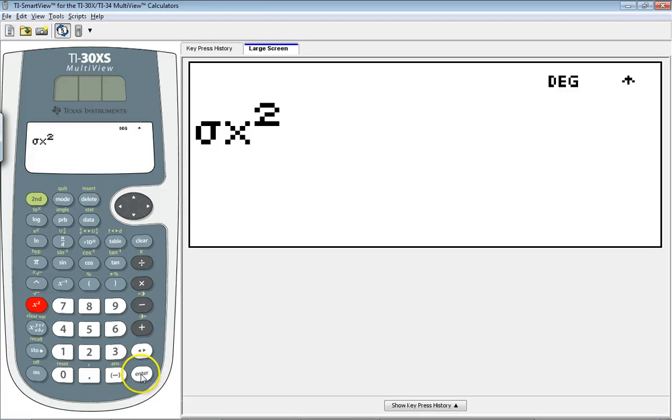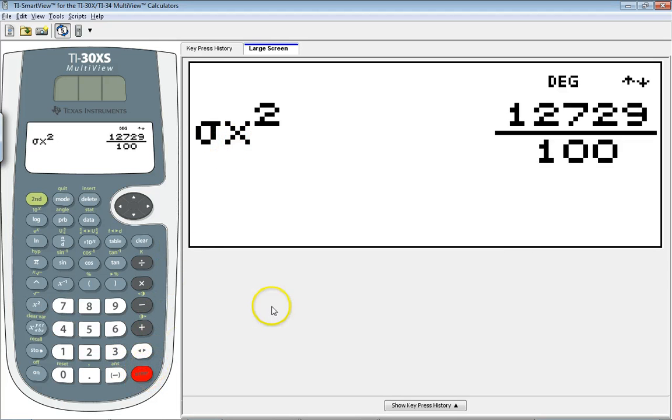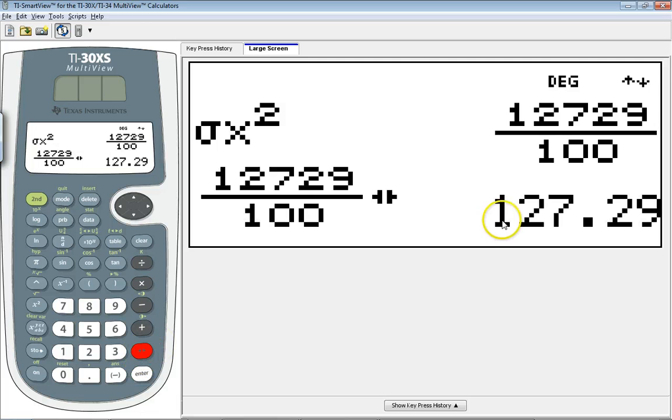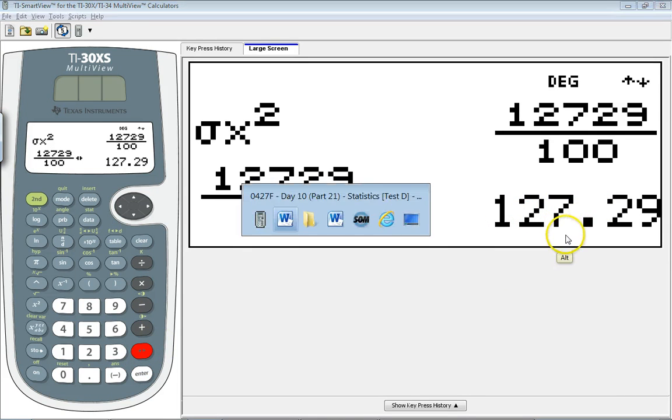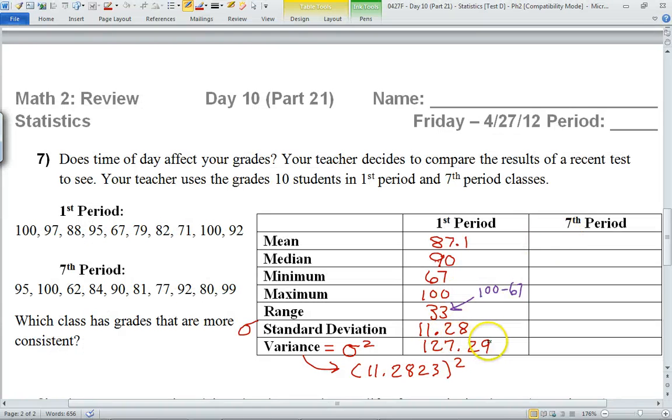If I do it this way, remember when I was rounding, this avoids that. I get more accuracy. Wow, it even gave me a fraction. I am going to want a decimal though, so I'm going to toggle that. 127.29. So comparing that to what we got, we pretty much nailed it. But that's a good trick to have. You can actually use the standard deviation and make it print right from the list.